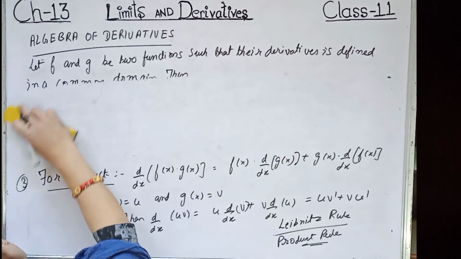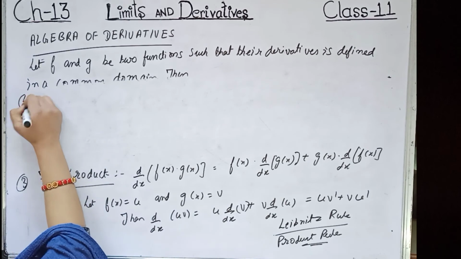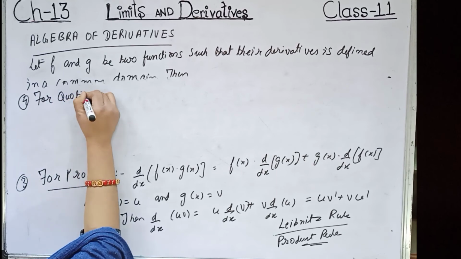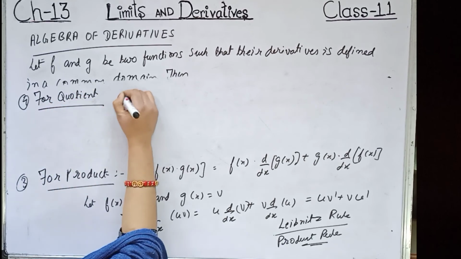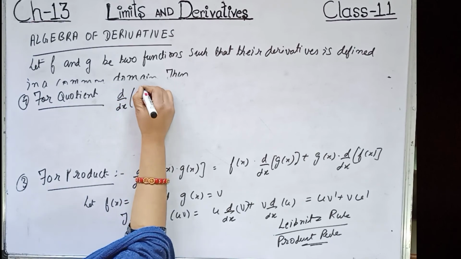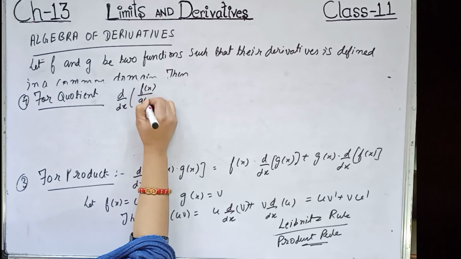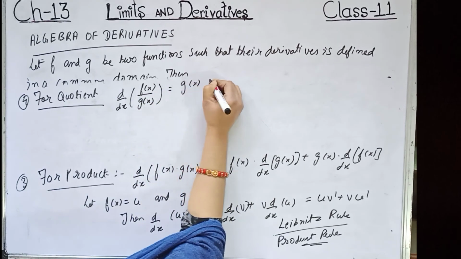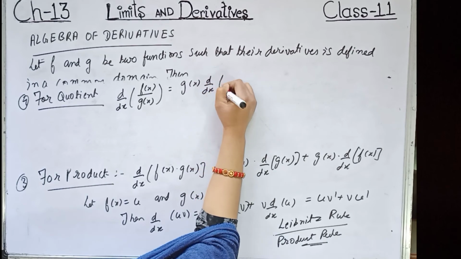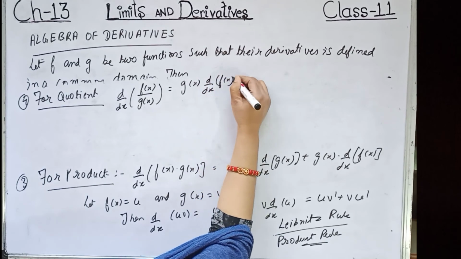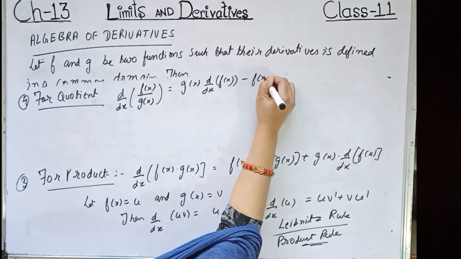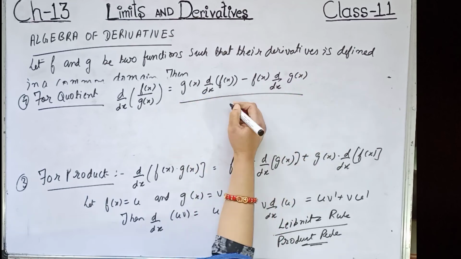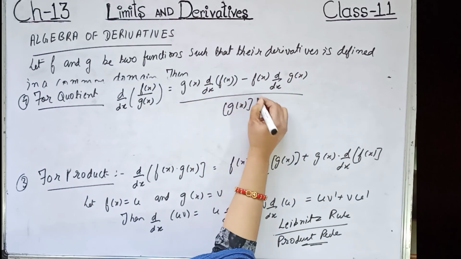So I am writing here number 4, for quotient form. d/dx of f(x) by g(x) equals g(x) into d/dx of f(x) minus f(x) into d/dx of g(x), divided by g(x) whole square.